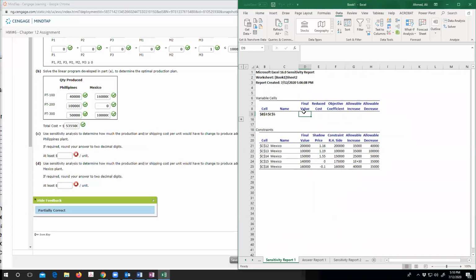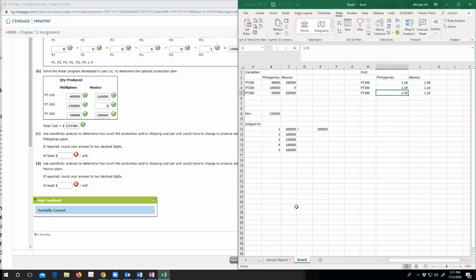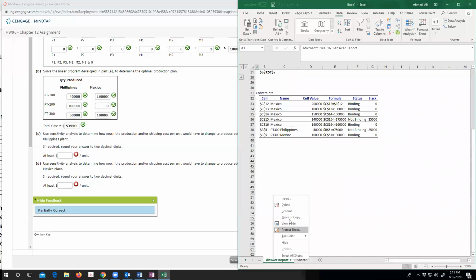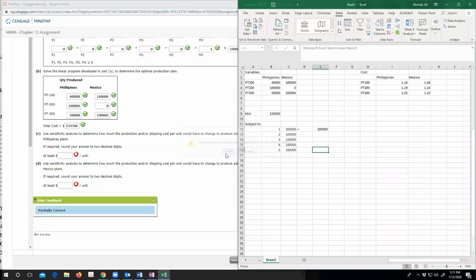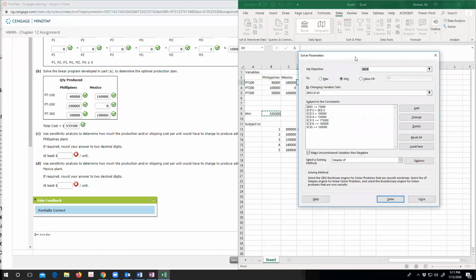We need something for here, these are all for Mexico. I don't know why it's not showing me all the results. So it's pretty crazy. So this is for Mexico, and let me think. So I have this value here.